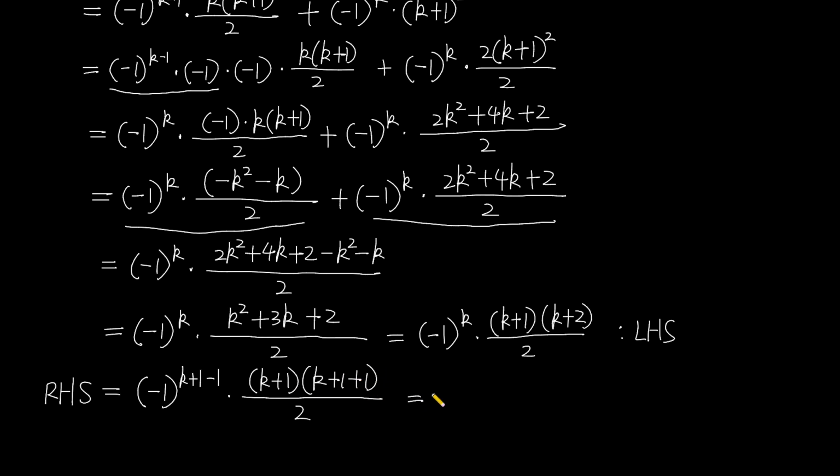So this equals -1 to the power of p multiply 2. Here is p plus 1 multiply p plus 2. So compare the left hand side and the right hand side. The left hand side equals the right hand side.